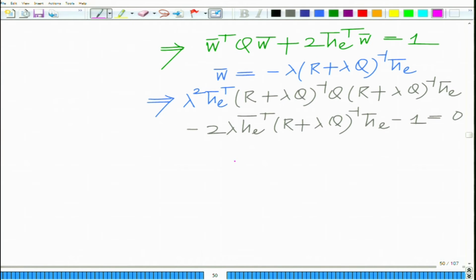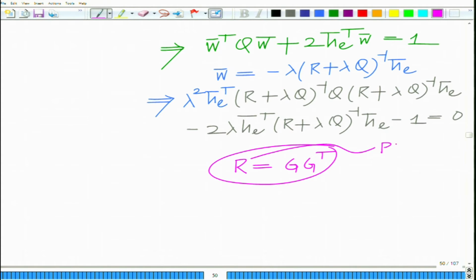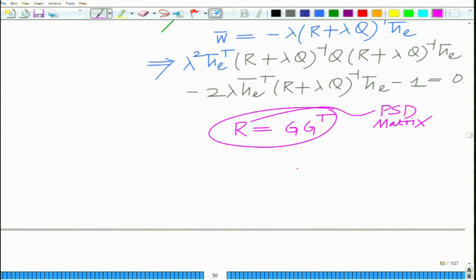Now, what we are going to do is substitute R equals G G transpose. Remember R is the noise plus interference covariance matrix. So G G transpose is a decomposition. Because this is a covariance matrix, this is a PSD matrix. Every PSD matrix can be decomposed as some matrix G times G transpose.